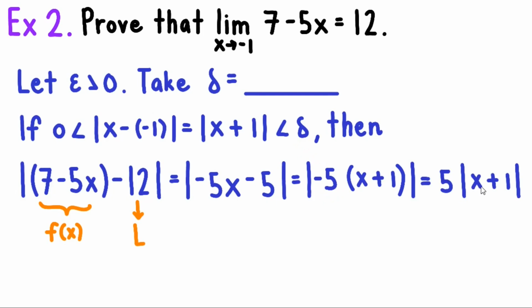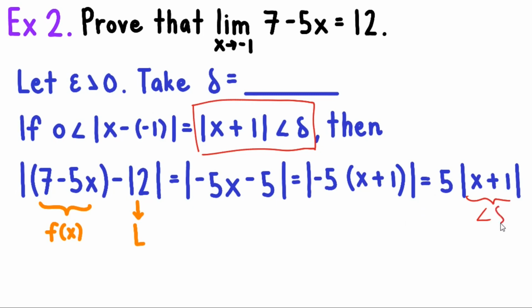Now at this part, the part that seems to be a dead end, again we can use this condition. So we have the absolute value of x plus 1 is less than delta. So if this is less than delta, this means that, oops, this looks like 8.